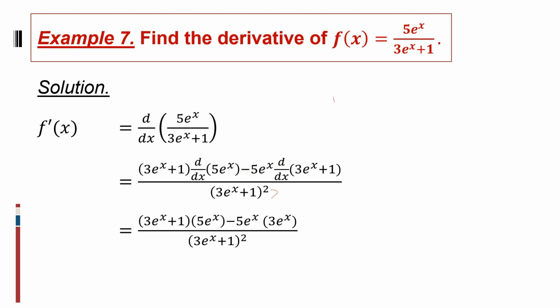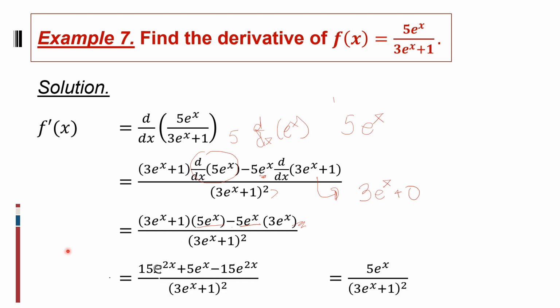Pero ano ba yan? We have 3 times e raised to x plus 1 times yung derivative nito is, that is just 5 times the derivative of e raised to x. Ano bang derivative ni e raised to x? Di ba e raised to x din? Kaya eto na siya. Minus 5 times e raised to x, yun lang yon, times the derivative of 3 times e raised to x plus 1. Ano bang derivative niyan? We have 3 tapos e raised to x plus 0. Kaya naging ito siya. All over the square of 3 times e raised to x plus 1.